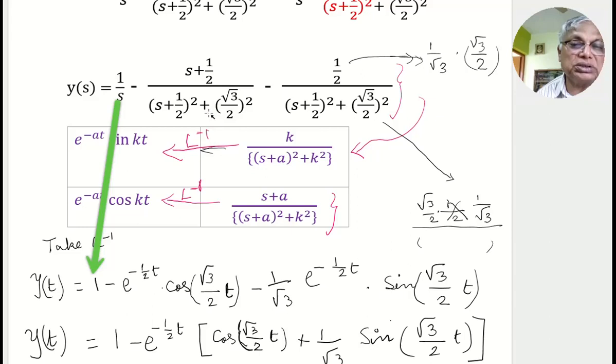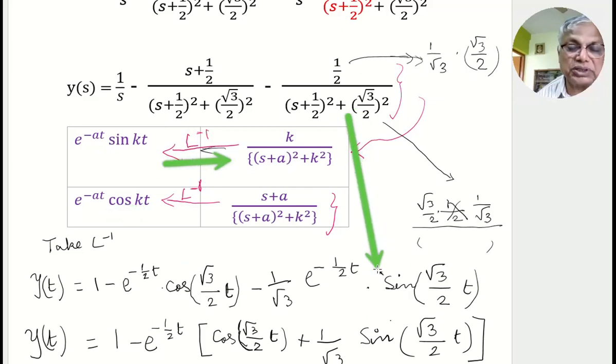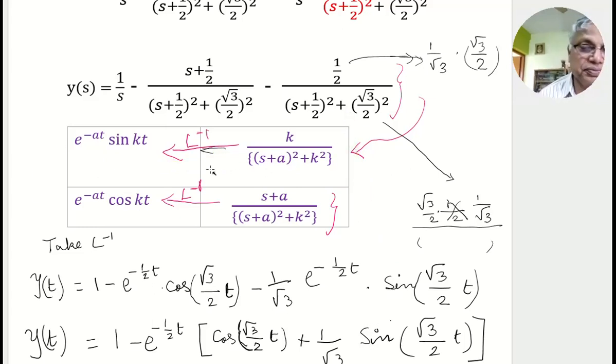The inverse of the next corresponds to this formula, e power minus half t, and the inverse of the last corresponds to this formula. We have made use of these two formulas. I hope it is clear. In the next lectures we will take up more differential equations and solve them using Laplace transform.